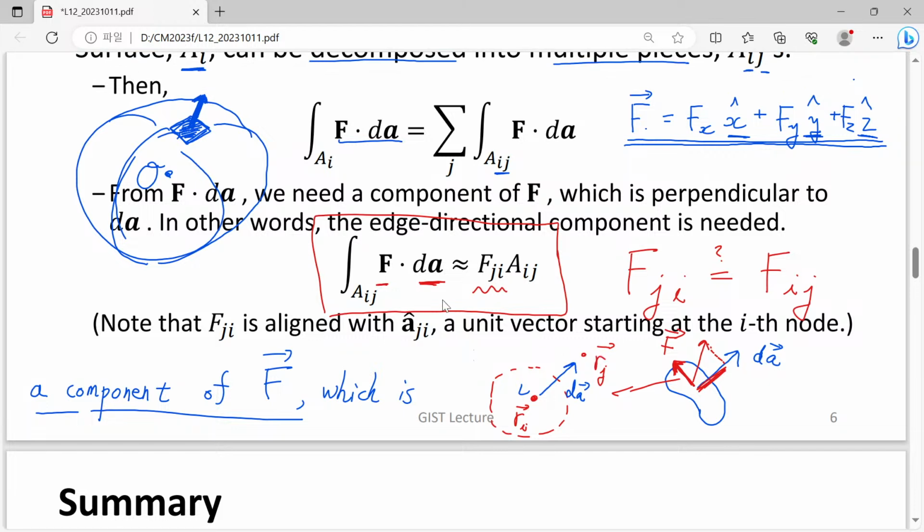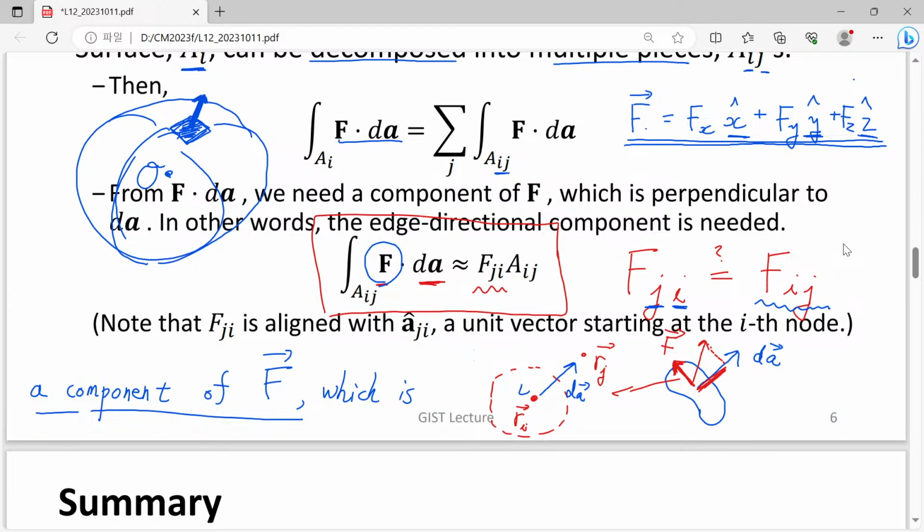So when we consider the field term, we must also consider the flux term from I to J. So don't be confused with this subscript. Okay, so you should be careful. If you make this kind of confusion, then what will happen? Then you will have a different sign for your flux term.